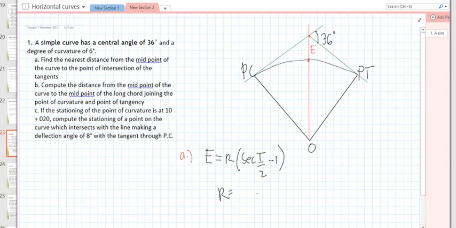So R is equal to, this is metric, 1145.916 over dA. Degree of curvature.